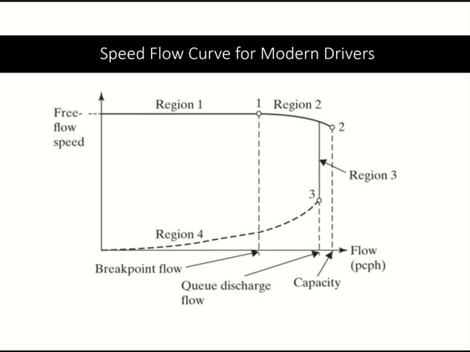Flow is increasing, so the spacing is getting less, but the drivers have seen too many movies, Fast and Furious and so on, so they are not reducing speed. They think we can still go on.